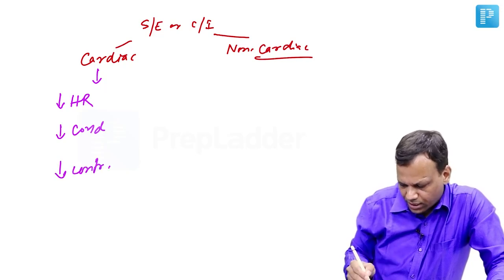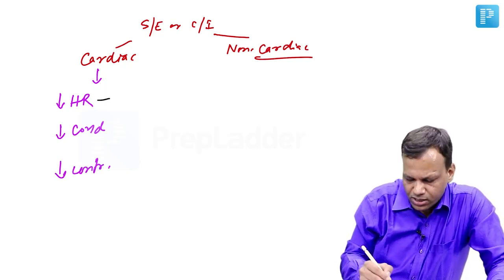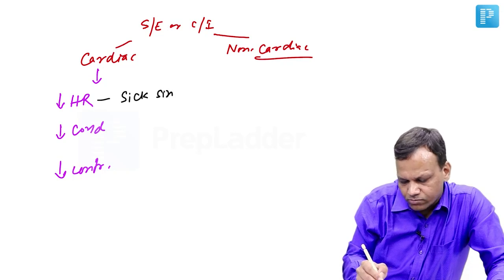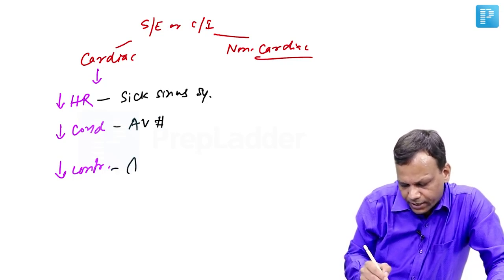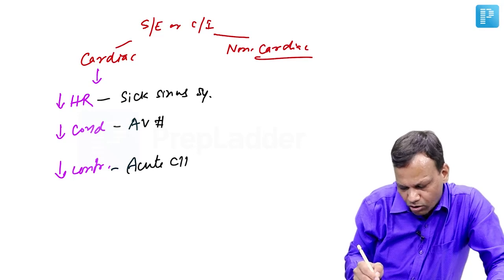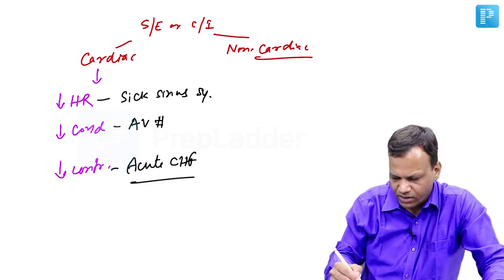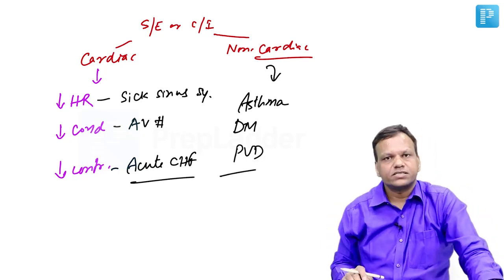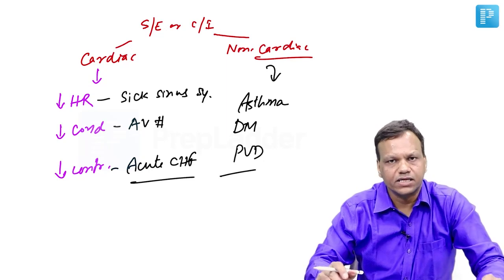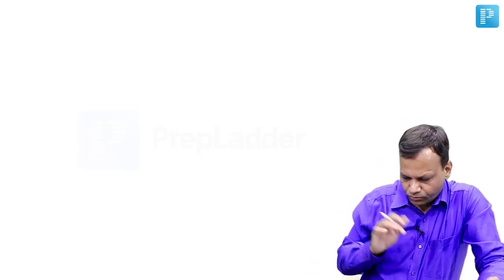So beta blockers are contraindicated in bradycardia or conditions like sick sinus syndrome, contraindicated in AV block, contraindicated in acute CHF. Remember, they are used in chronic but contraindicated in acute CHF. And non-cardiac, we already discussed, they are contraindicated in asthma, diabetes, and peripheral vascular disease. So these are the important points regarding the beta blockers.